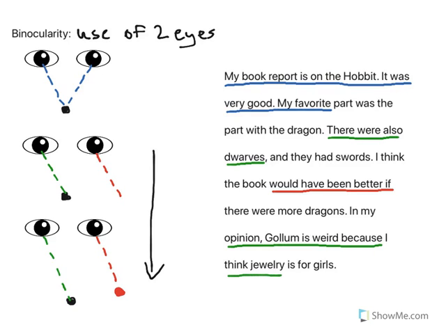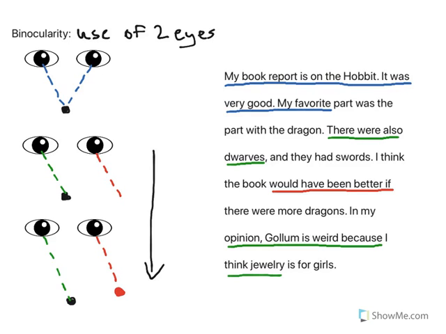So what's happened here? Basically, we've missed out on a whole bunch of information. We've skipped words, we've skipped lines, we've lost our place, and what ends up happening is that this reader or this student, or this can even happen in adults, has to go back and reread passages over and over again because they're missing out on this information.